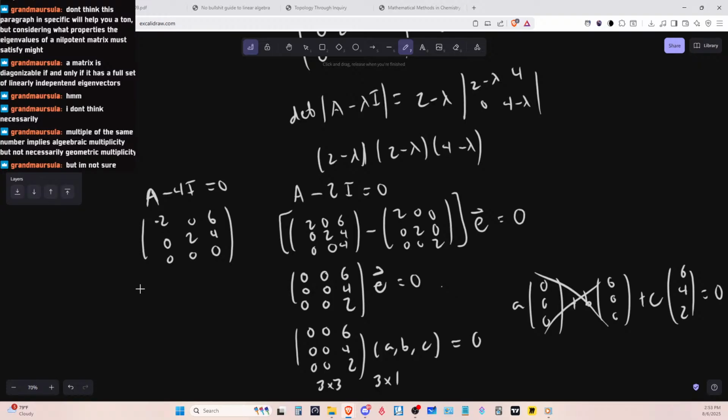So if we have A and B and C here, then we would have A times 0, 0, plus B times 2, and then C times 6, 4, equals 0.